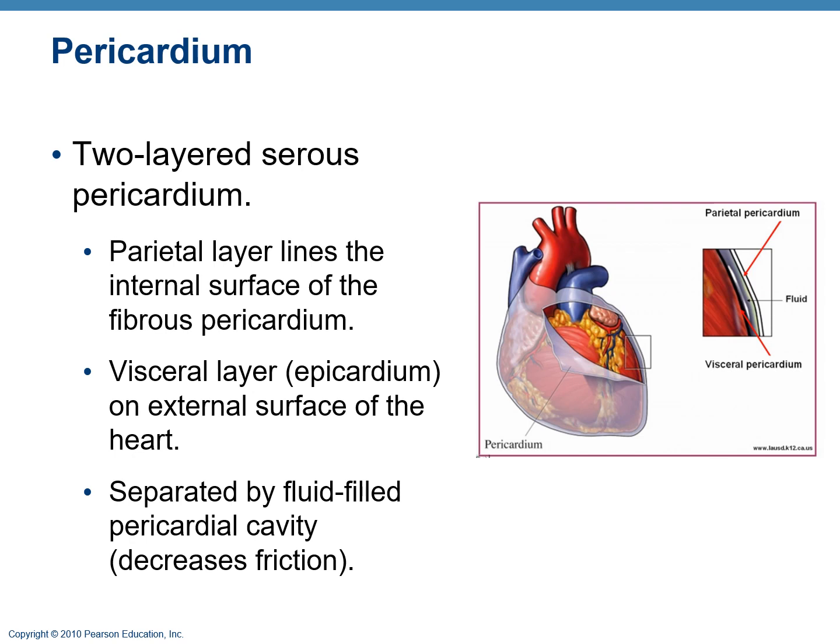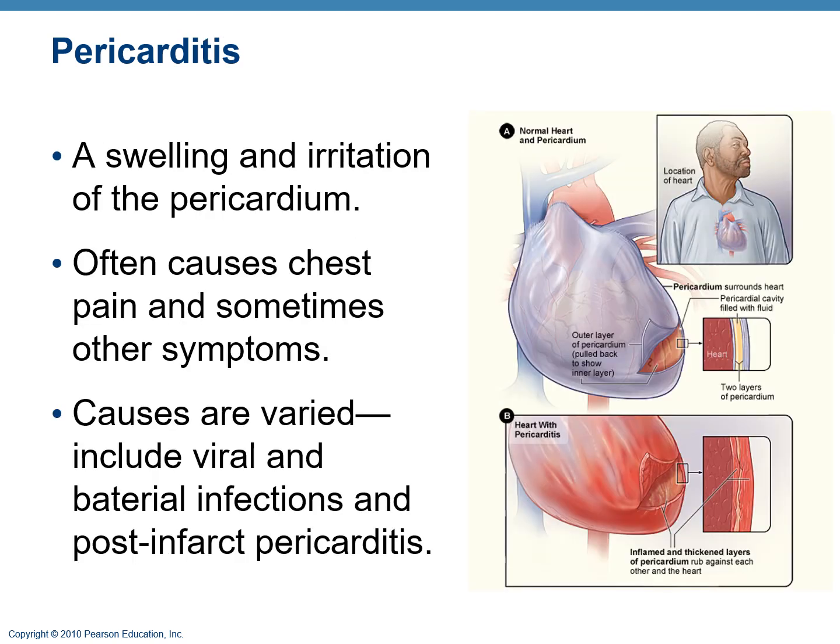And the visceral and parietal serous pericardium are separated by a fluid-filled pericardial cavity. Think of it as it decreases friction, right? As the heart contracts and expands, it prevents those layers from rubbing upon one another and giving us pain.